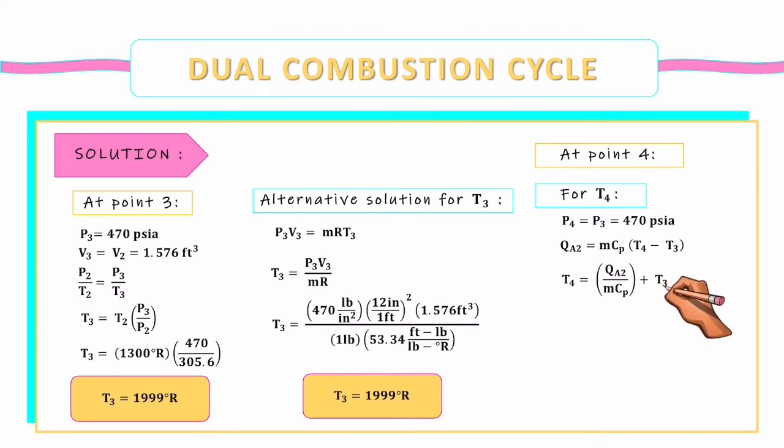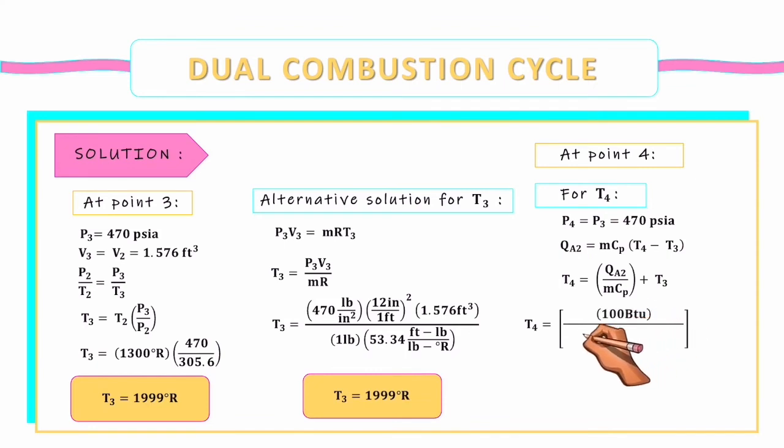Substituting the given values, T4 is equal to 100 BTU over 1 pound multiplied by 0.24 BTU per pound-R, plus the temperature at point 3, which is 1999 Rankine. So, the temperature at point 4 is equal to 2416 Rankine.